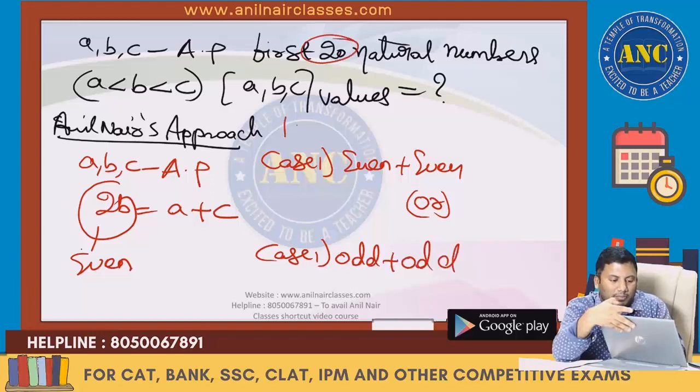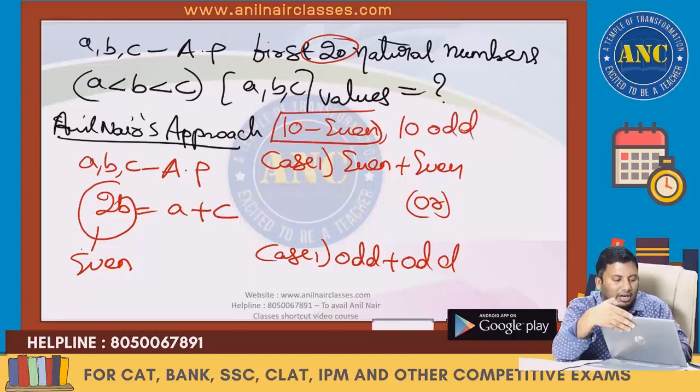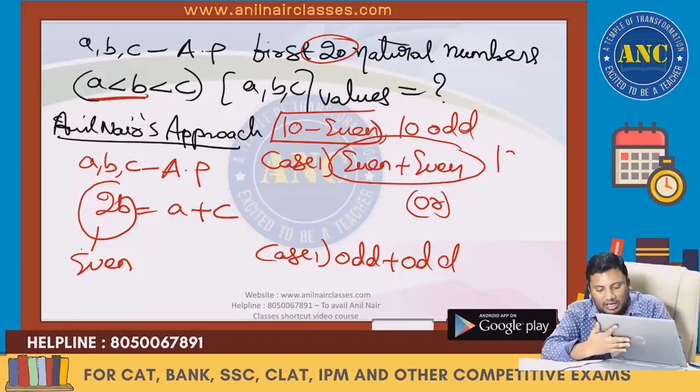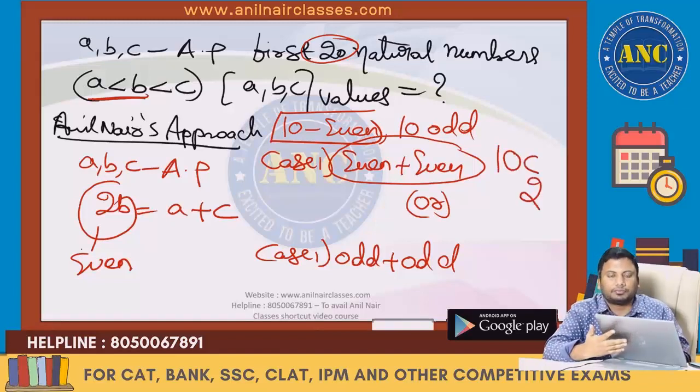In 20 natural numbers, there are 10 even numbers and 10 odd numbers. From 10 even numbers, I have to select 2 even numbers. You select any 2 numbers, there will be only one way where they are in ascending order: 10C2.